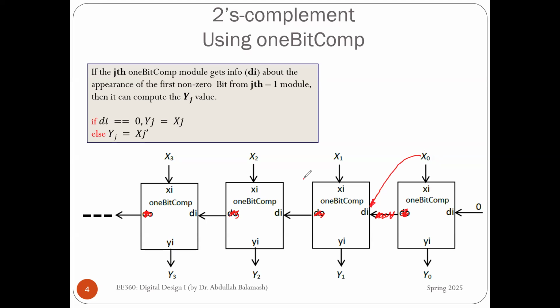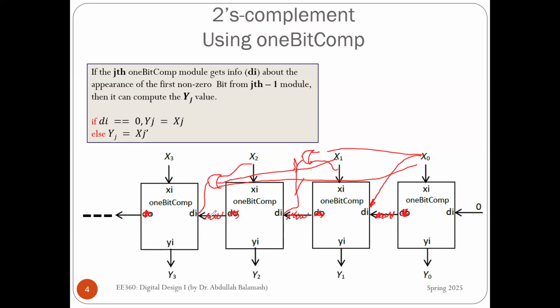For this input now, it will be the OR between x1 and x0. Same thing for this one, it will be the OR of x2 and the others, because if any one of them is 1, that means the first 1 already appeared. So this is a slightly different design.